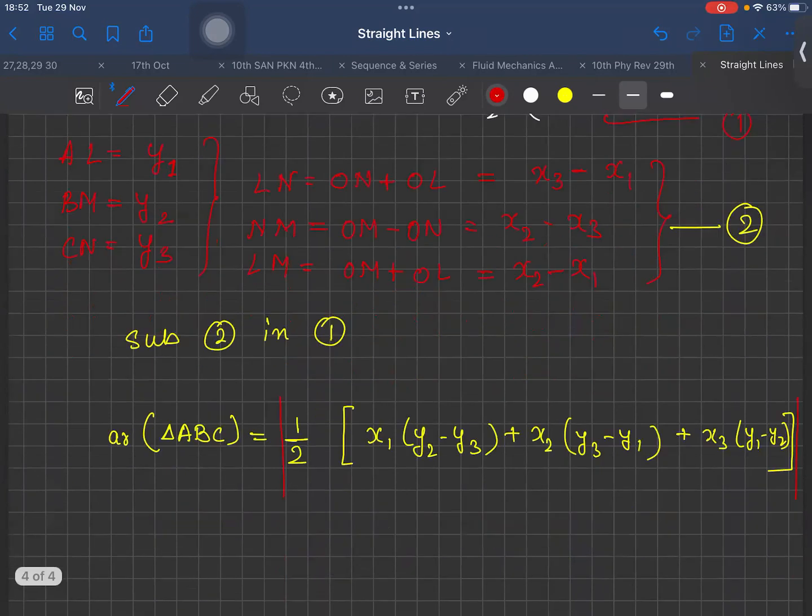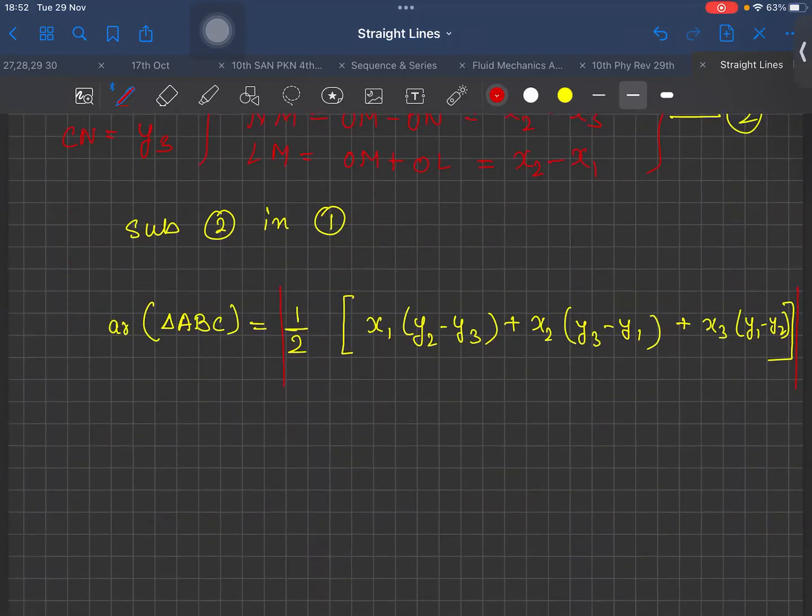Although area is a vector quantity, that means area can be negative, but we need only magnitude.